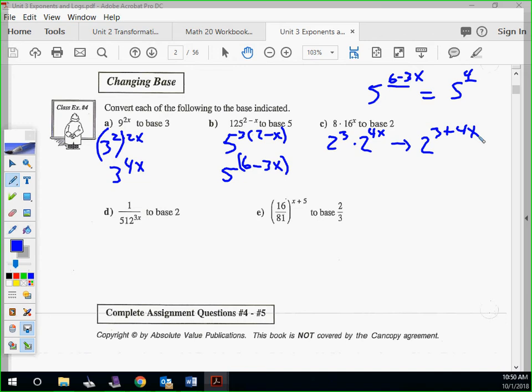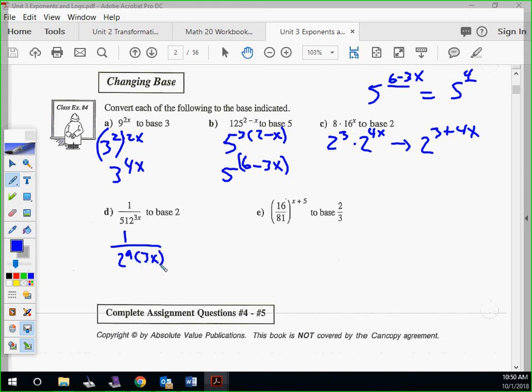Okay, good. Now this is a tricky one. It's 1 over 512 to the 3x. So let's look at 512. Well, what's 512 with a base of 2? Anybody figure that out for me real quick? 9. Good. So it's 1 over 2 to the 9th. Close.